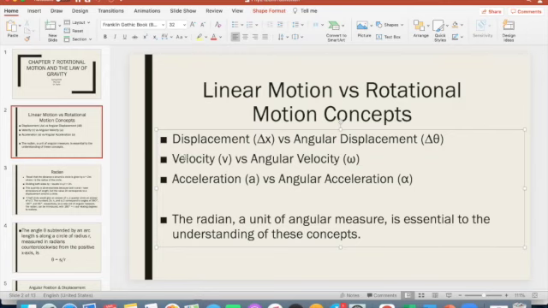For linear velocity, it was meters per second. For linear acceleration, it was meters per second squared. So now for the rotational concepts, your angular displacement is going to be in radians, angular velocity is radians per second, and angular acceleration is radians per second squared.